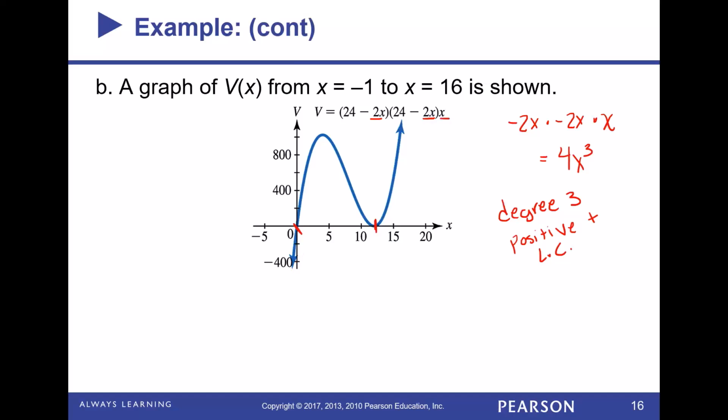Okay, now remember part C was asking me what makes sense. So what values of x? This is a word problem that we started with, and we created this nice, beautiful volume function. But just because we created this volume function, all the x values may not necessarily make sense.